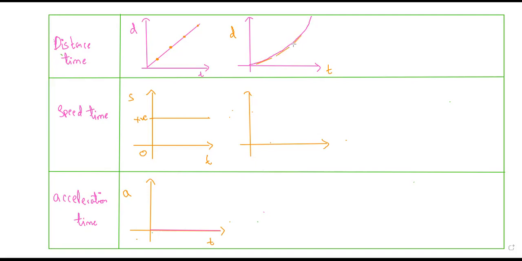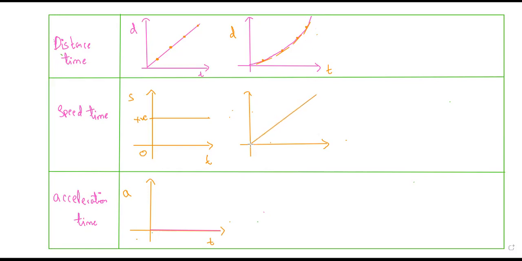That means if I make tangent lines on different points in order to study the gradient, because the only piece of information about speed that can be seen from the distance time graph is the gradient, the lines are getting steeper as I am going up, right? Since the lines are getting steeper, that means the speed is increasing. And this increment in speed is constant.